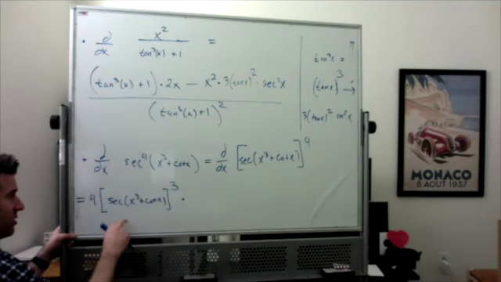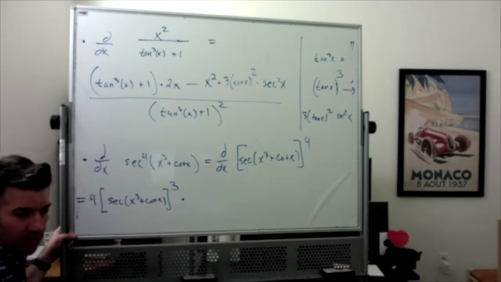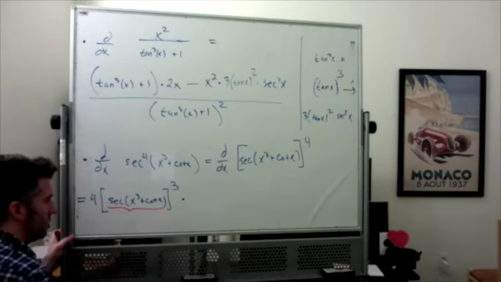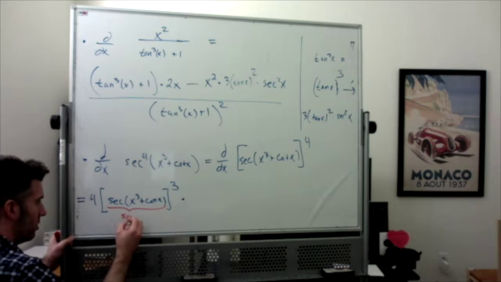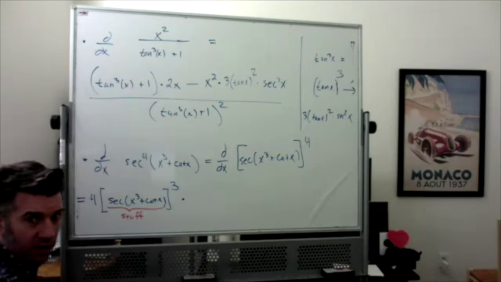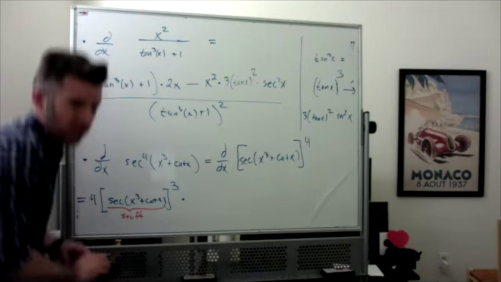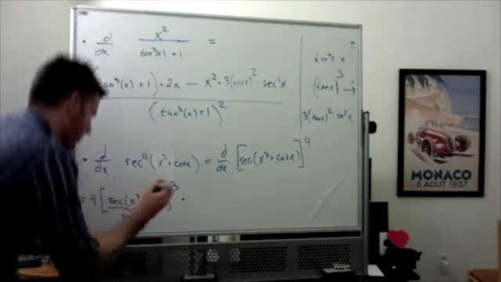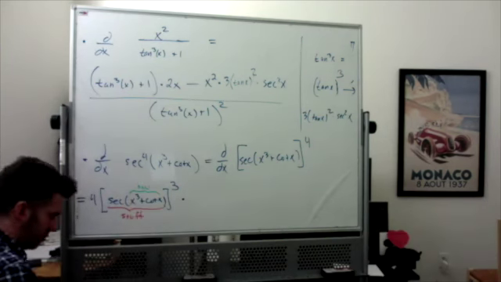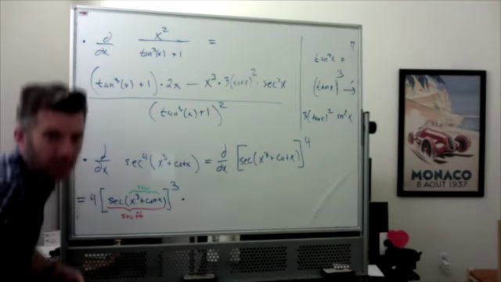I need to do the derivative of the inside stuff. Well, here's the problem: the derivative of the inside also requires the chain rule. So to take the derivative of the stuff, I need to find the derivative of secant of some new stuff. I know green's not the best, but that's what I got.